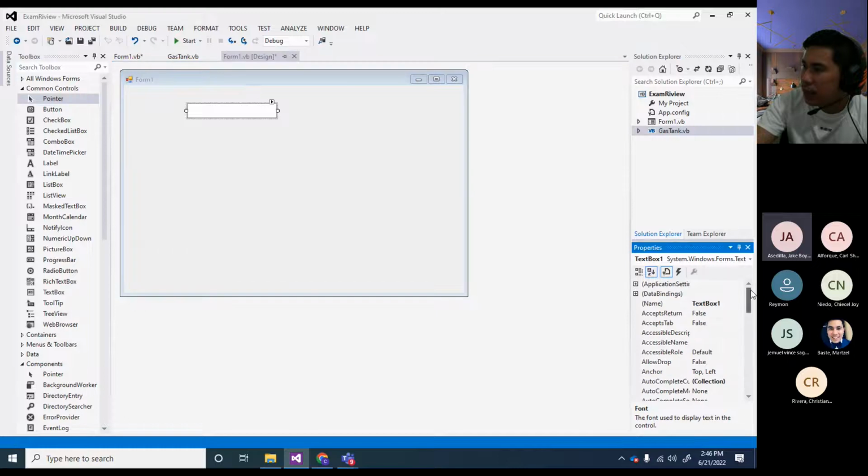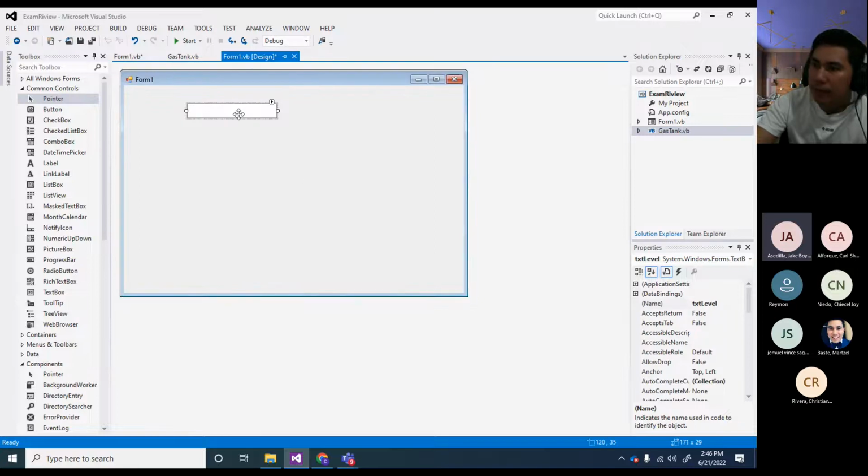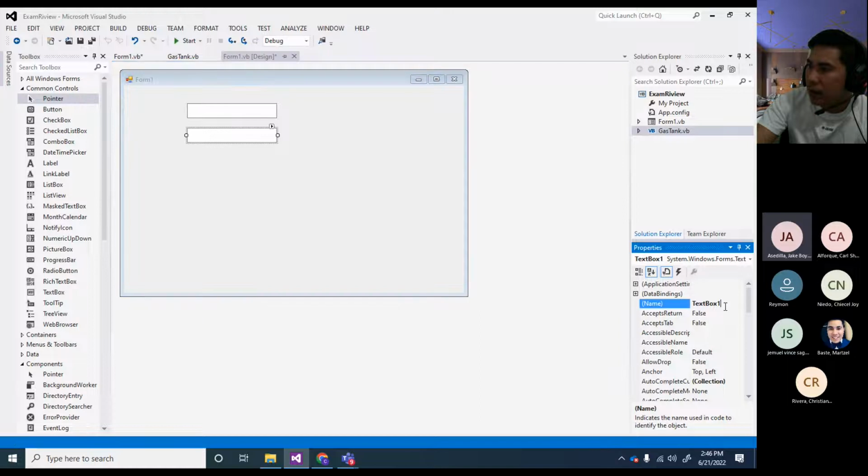So this is, let's say, txtLevel, txtLiter, and capacity.